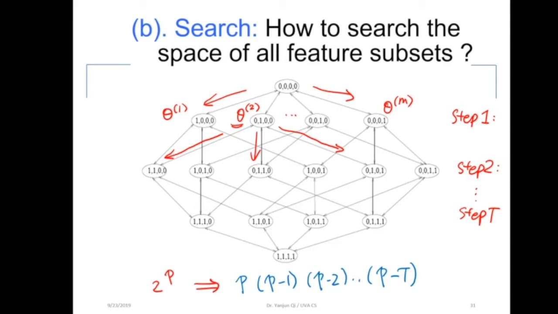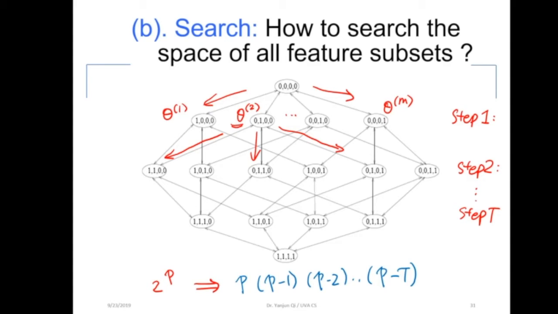So that's your currently selected feature. Based on that, assuming we selected the second feature, we keep that second feature and try all the rest. Conditioned on the second feature being selected, should I select the first? Should I select the third? Should I select the fourth?